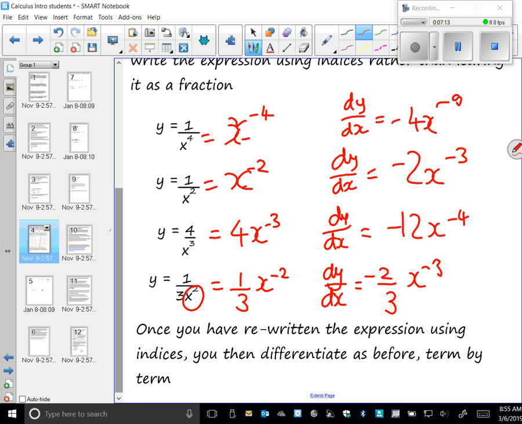You're wondering where it all comes from? Yeah, why do you take 1 away from the power? Just, that's the rule. Okay, I'm going to go with that. So the rule is power comes in front, take 1 off the power.